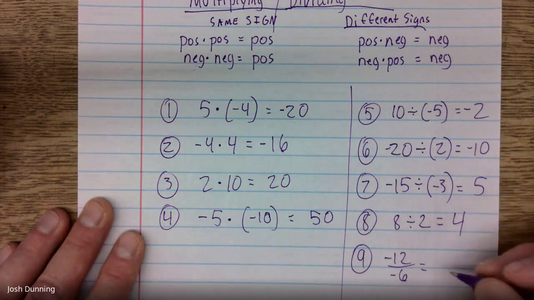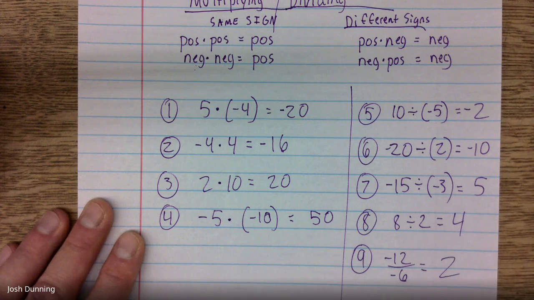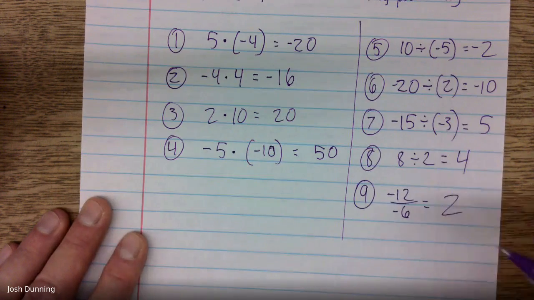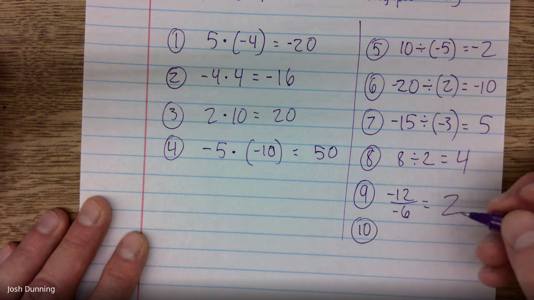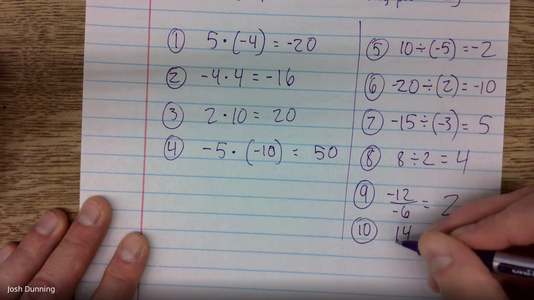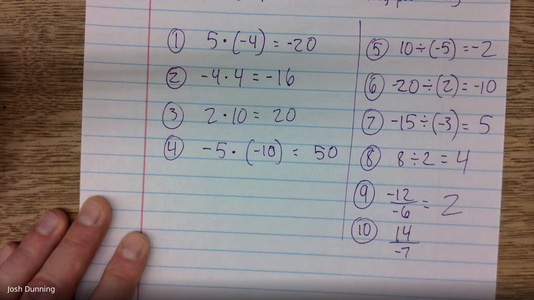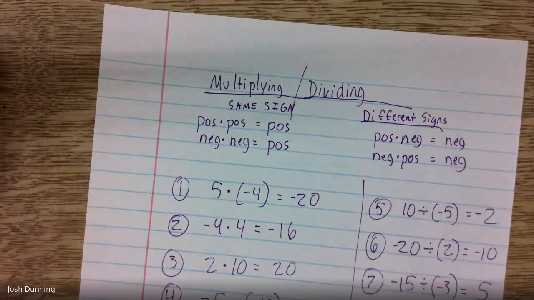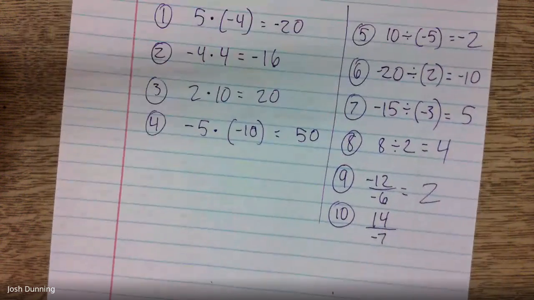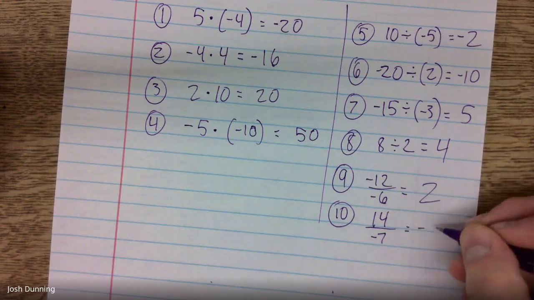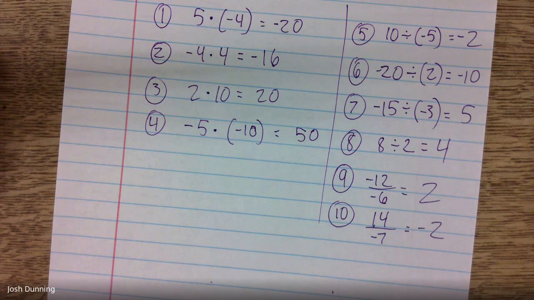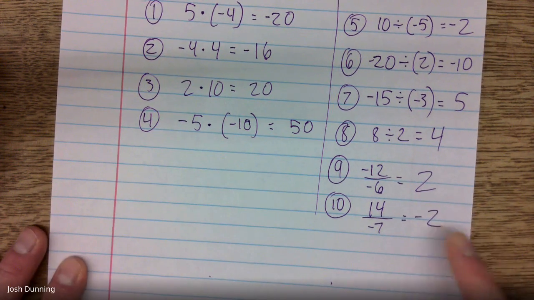Negative divided by a negative, +2. If we had, say, 14 divided by -7, different signs, you get a negative. 14 divided by 7 is 2.